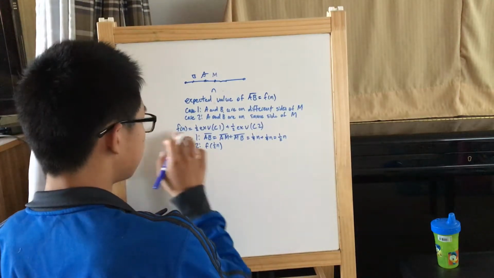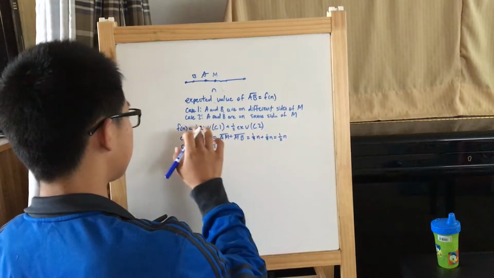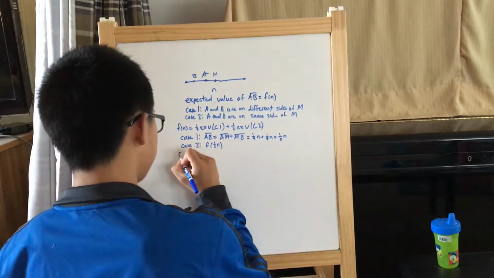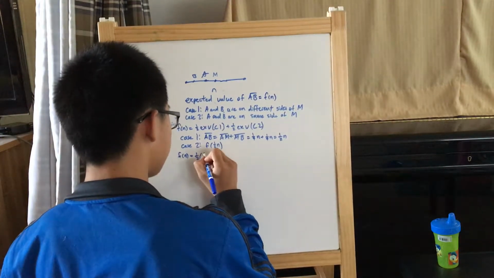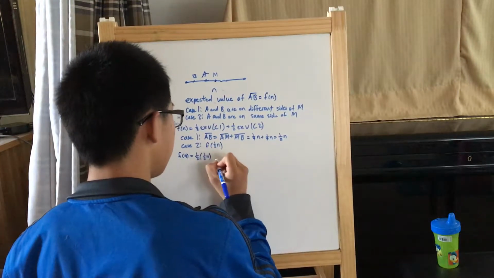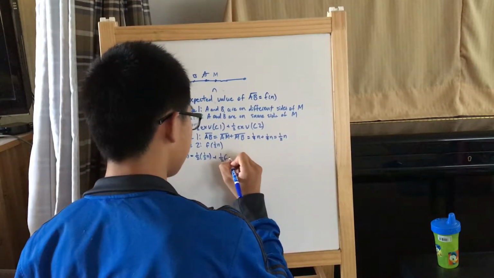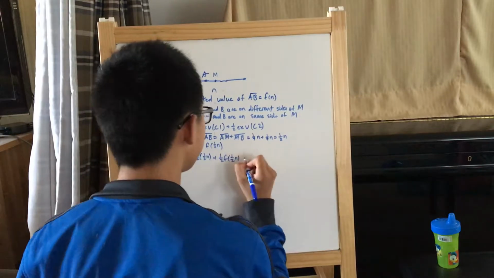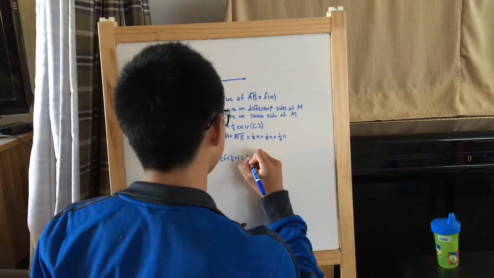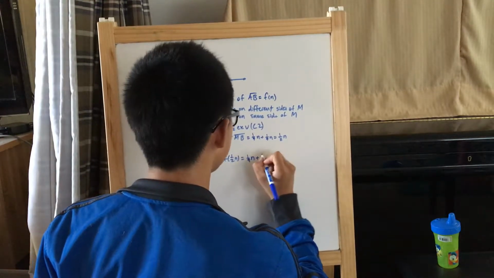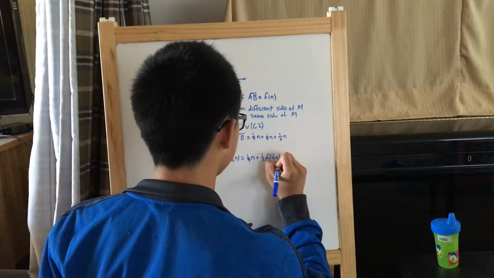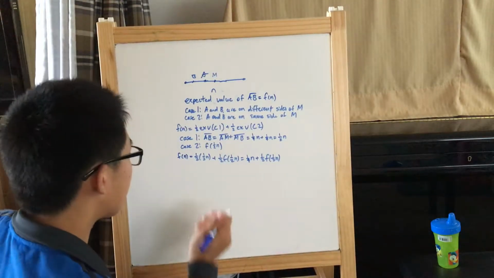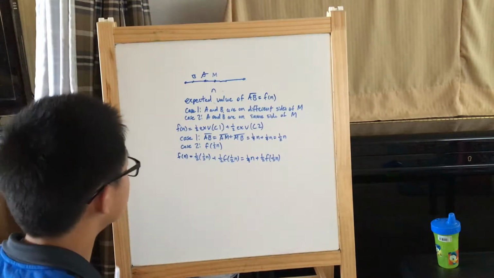So substituting these values for expected value back into this equation, we get f of n is equal to half times half n plus half f of 1/2 n. So f of n equals 1/4 n plus half of f of 1/2 n. And now we have a property of f of n that we can work with.